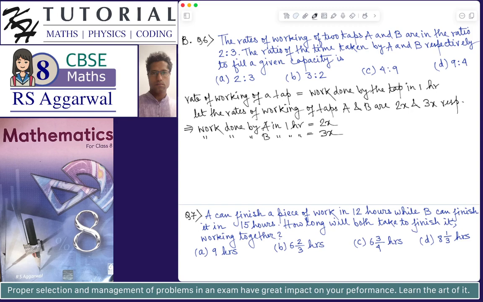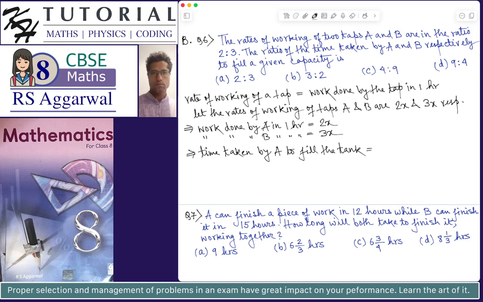We know that the work done by A in 1 hour is 2x. So we can say that the time taken by A to fill the tank... Now, usually the work done per unit time by a tap is a fraction.